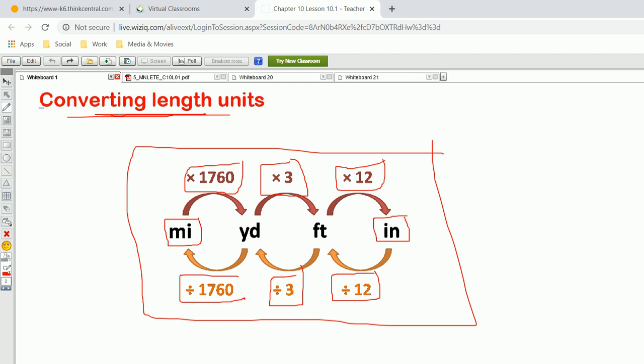We ask ourselves when we multiply and when we divide.